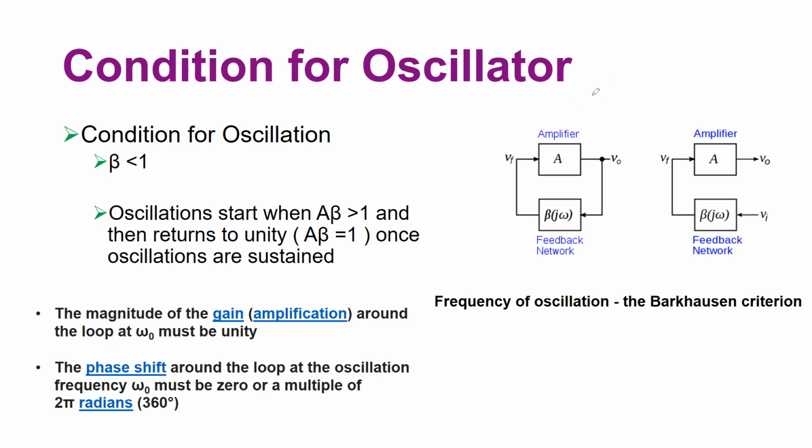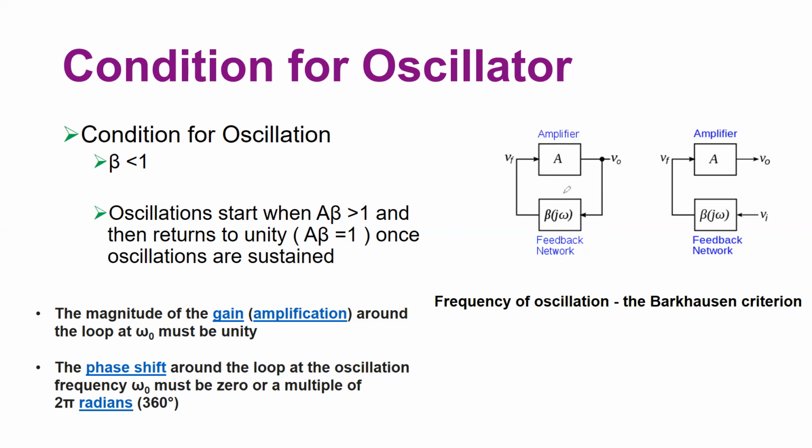And we saw that we basically have a gain block, for example an amplifier, with an input and an output, and then we feed back that output through another block called the feedback network, and then feed the output of the feedback network back to the amplifier.